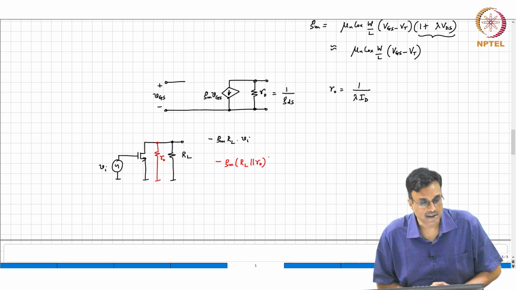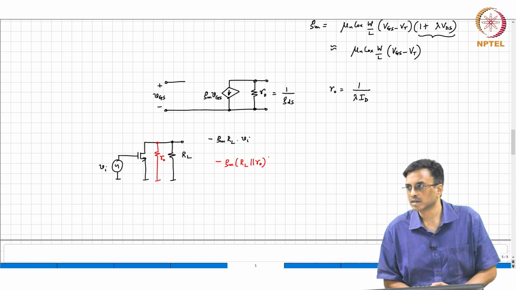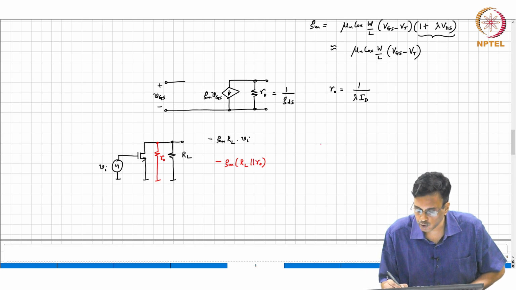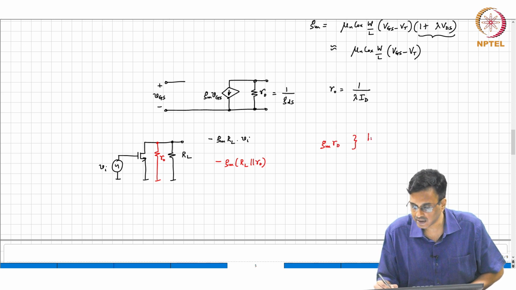Even if you make RL infinity, the maximum gain that you can get is only minus GM RO. So, the maximum magnitude of gain you can get is GM RO. This is often what is called the intrinsic gain of the device.